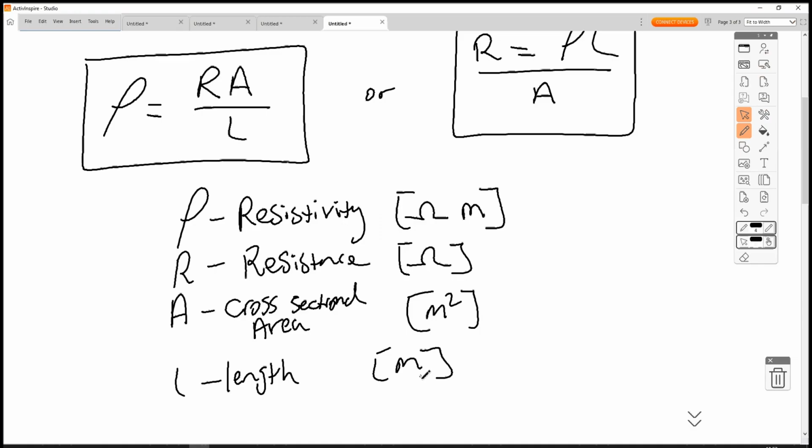Now, if you think of a simple wire and you zoom in onto it, you'd realize that a wire is, in fact, a three-dimensional object, as thin as it might look. And it does have a cross-sectional area. The shape of a typical wire is just that of a cylinder. You could model wires as cuboids as well, extremely thin cuboids, if you've got a square cross-section. But for the most part, wires are modeled as cylinders.